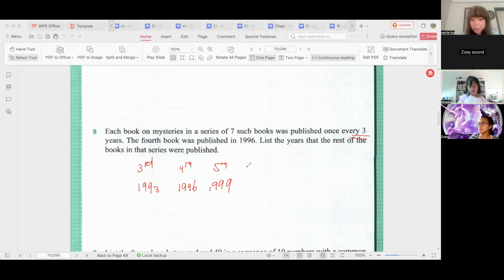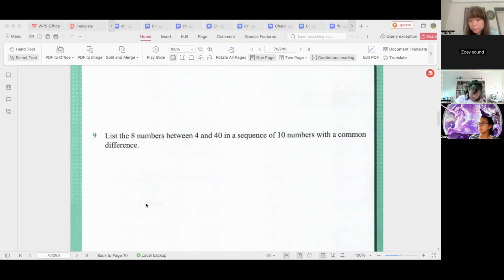So the fourth book was published in 1996. This is the year that the rest of the books in that series will be published. So the sixth will be 2002. The seventh will be 2005. Correct? Because altogether there are 7 books.